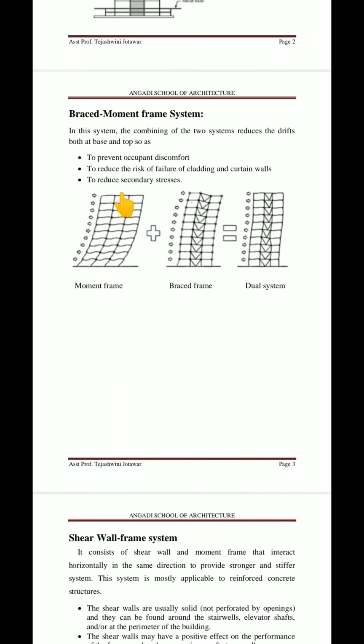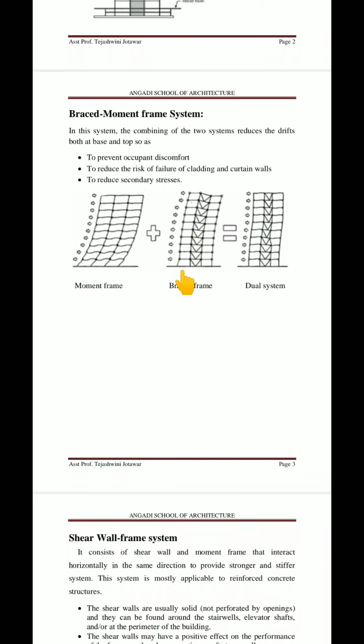Suppose this is a moment frame system. Whenever a lateral or horizontal load acts on the system, this moment frame bends or deflects in a concave shape on the windward side and convex on the leeward side, whereas the braced frame may deflect in the other direction, concave on the leeward side and convex on the windward side.